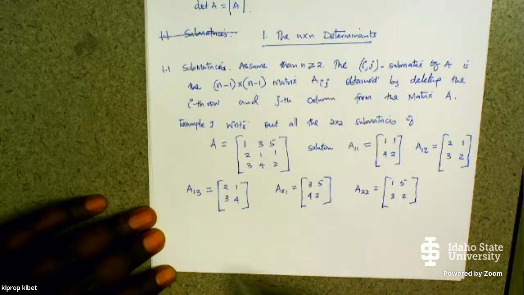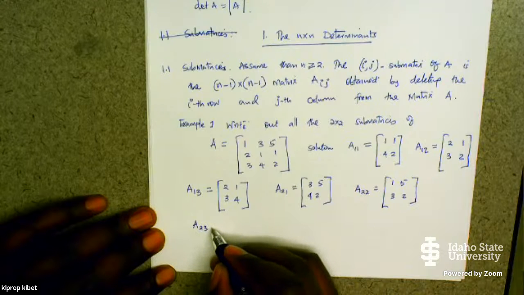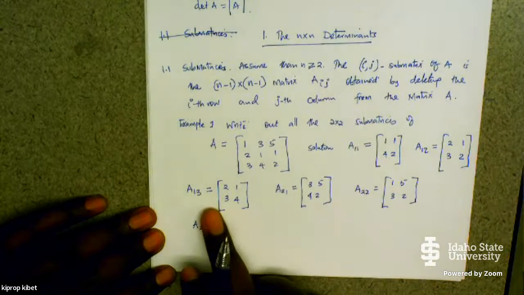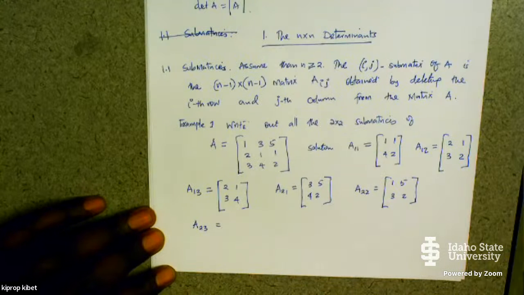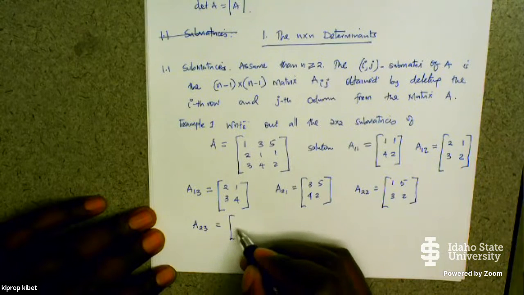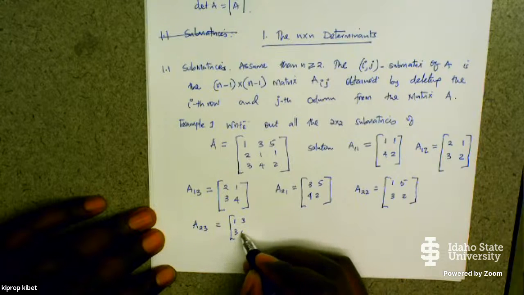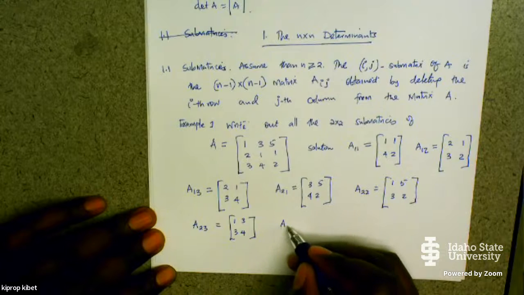And then A23, we delete the second row and the third column, which we get 1, 3, and then 3, 4. And then we come to the last row, A31.